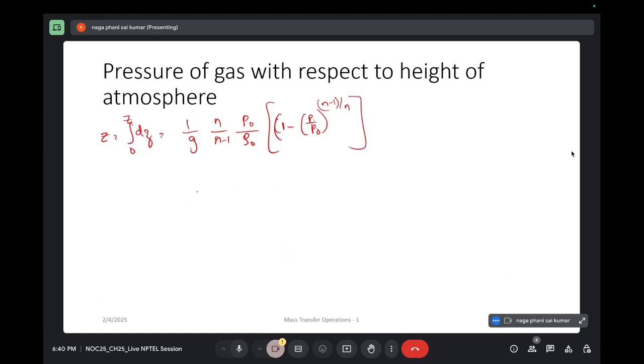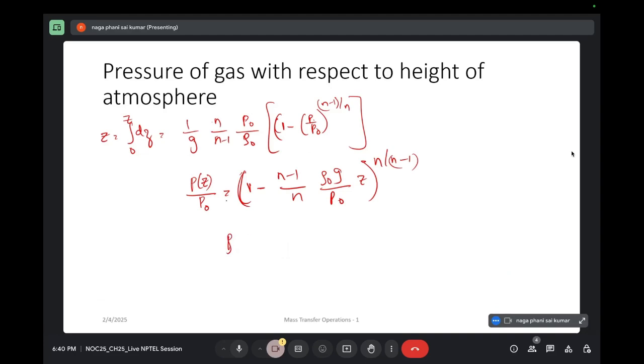Now pressure as a function of altitude will be 1 minus n minus 1 by n into rho naught g by P naught into z, raised to the power n by n minus 1.